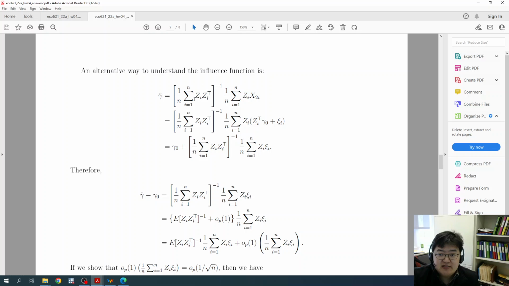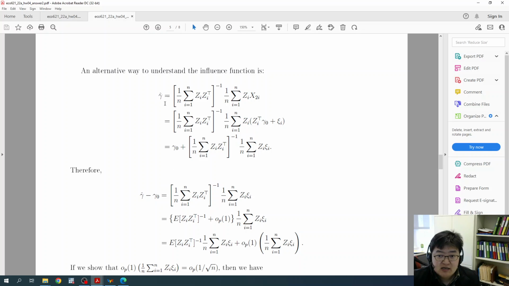Here it is the simple OLS formula, so we regress x2 on z, z1, z2, and then you may replace x2 using its true regression equation. The true equation follows this form. As a result, gamma 0 is isolated, and then psi, the error term, determines the random error in the estimator.